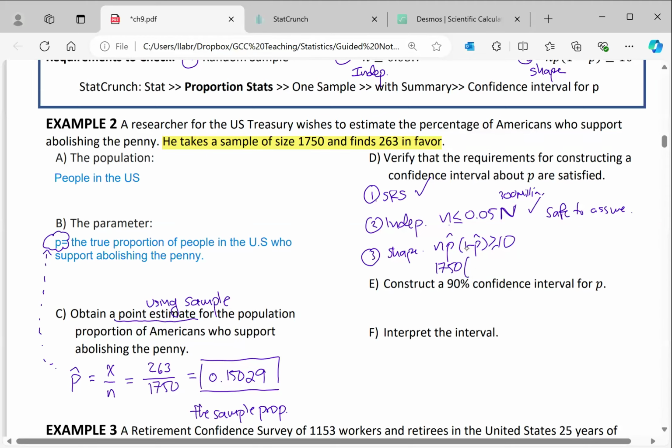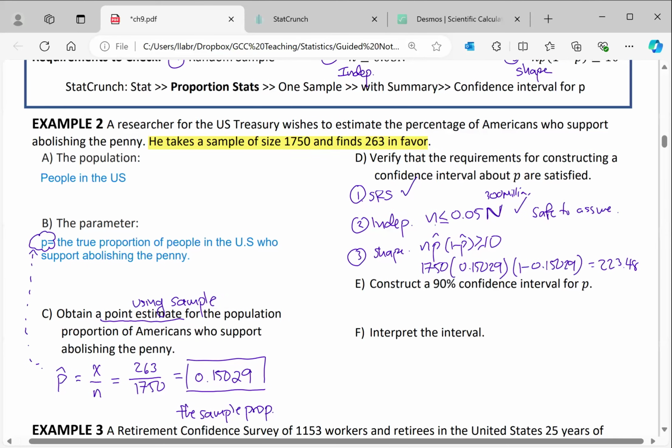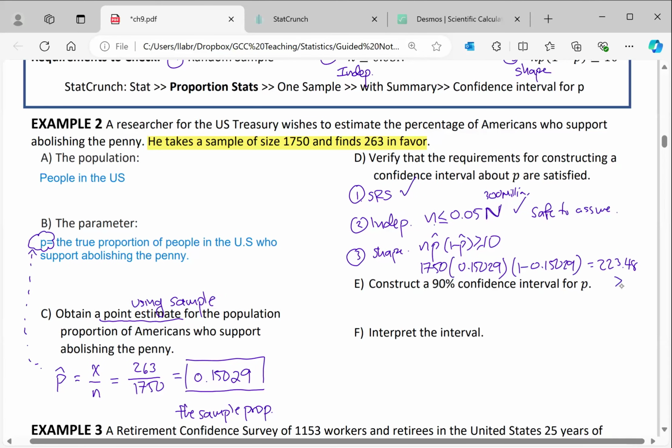When I multiply it with p hat, 0.10529, times 1 minus p hat, 0.15029, throw that into a calculator and see what you get. I get roughly 223.48, which is in fact bigger than 10, so we're good to go. We have all of the requirements met, so I can make a confidence interval.